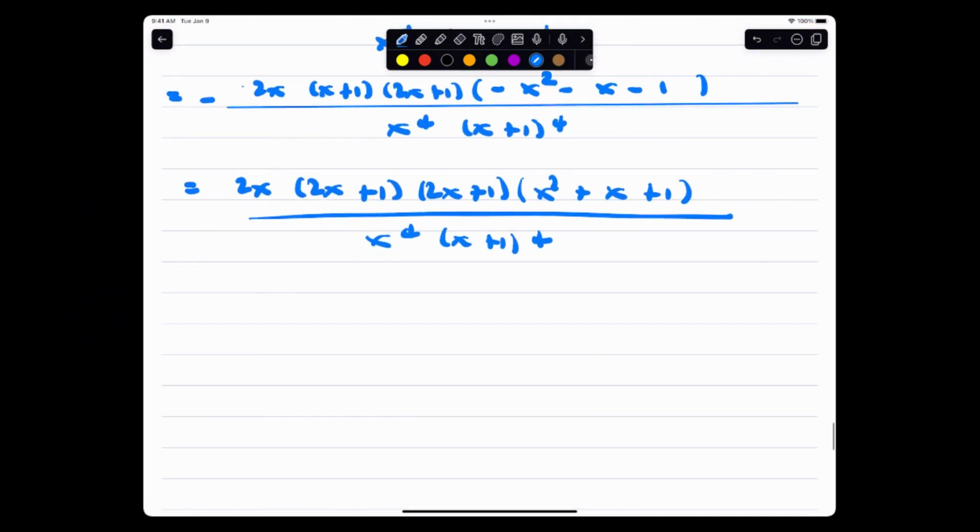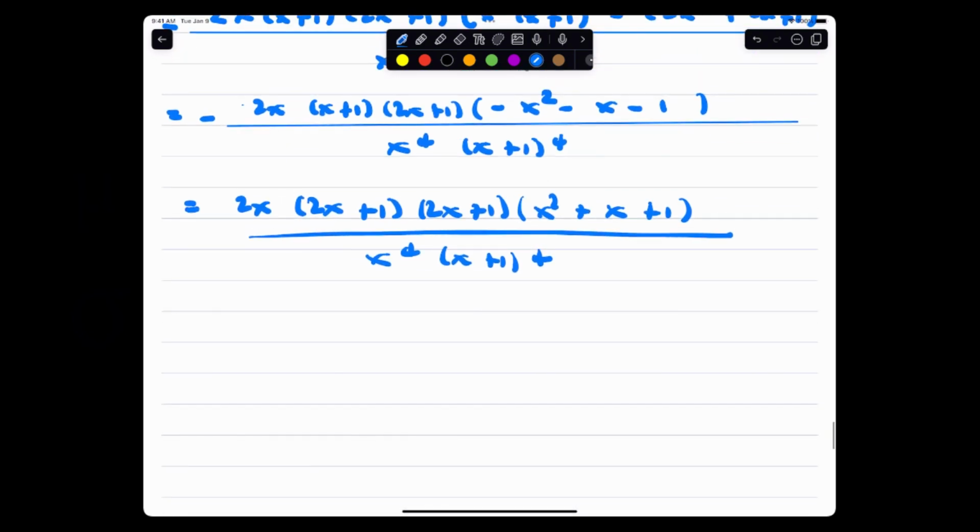Okay, so it looks okay now. The only thing that comes out, though, is this x, and this is now third power, right? So the y double prime will be 2x plus 1 squared.